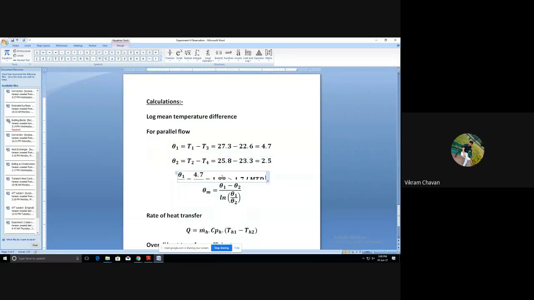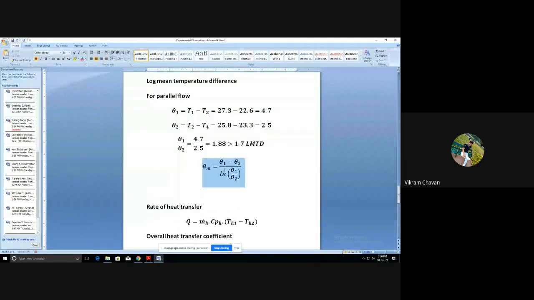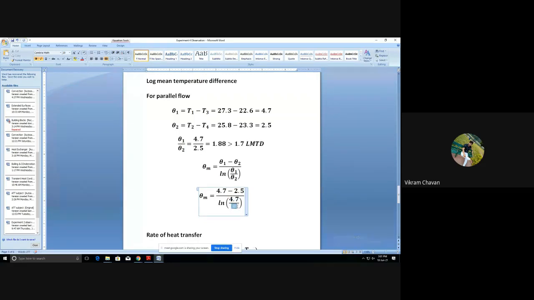Theta m is equal to theta 1 minus theta 2 divided by ln of theta 1 divided by theta 2, that is 4.7 minus 2.5 divided by ln of 4.7 divided by 2.5. Calculate theta m. It is 3.48.